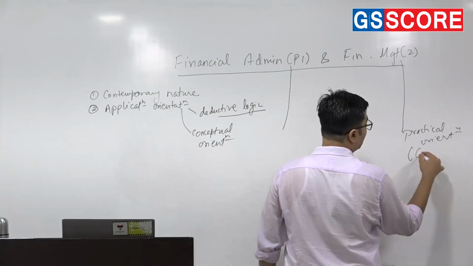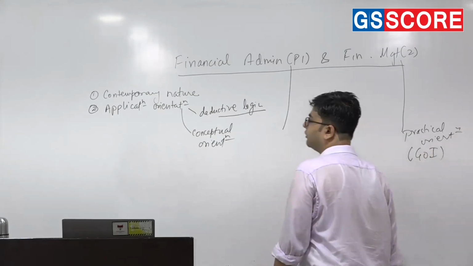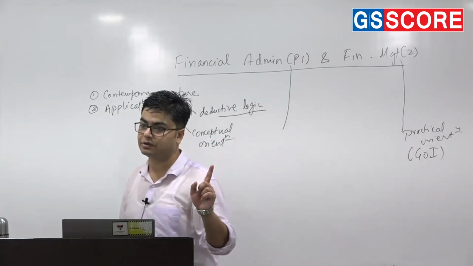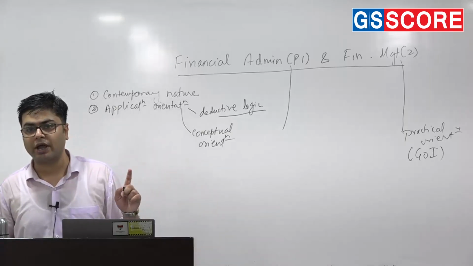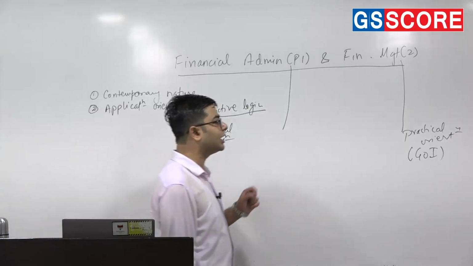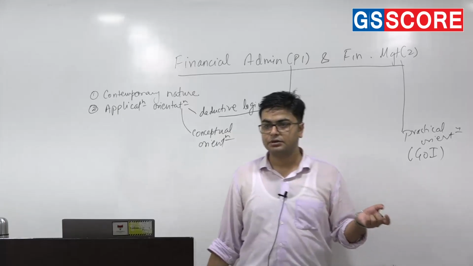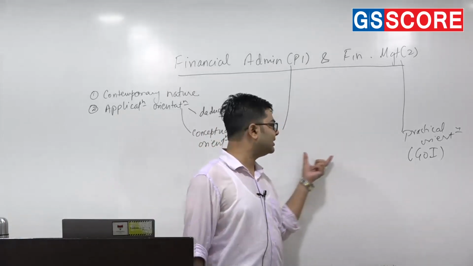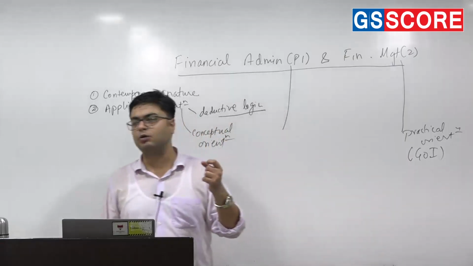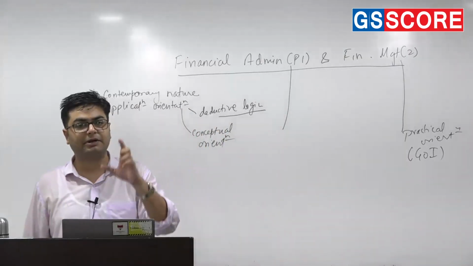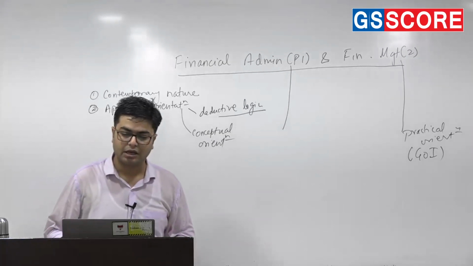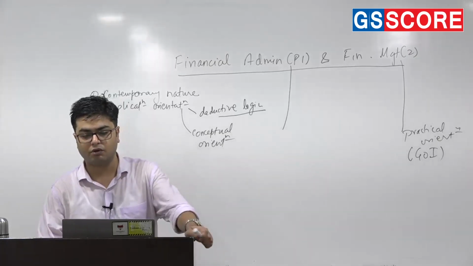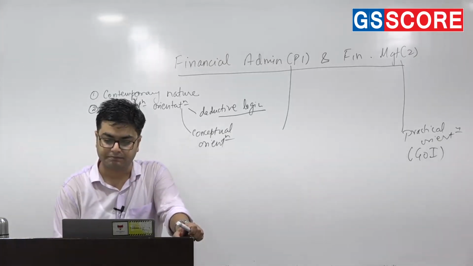For example, how things work in Government of India. You might have to use certain articles of the Constitution, more so in paper 2, and a bit less in paper 1, but the concept has to be there.